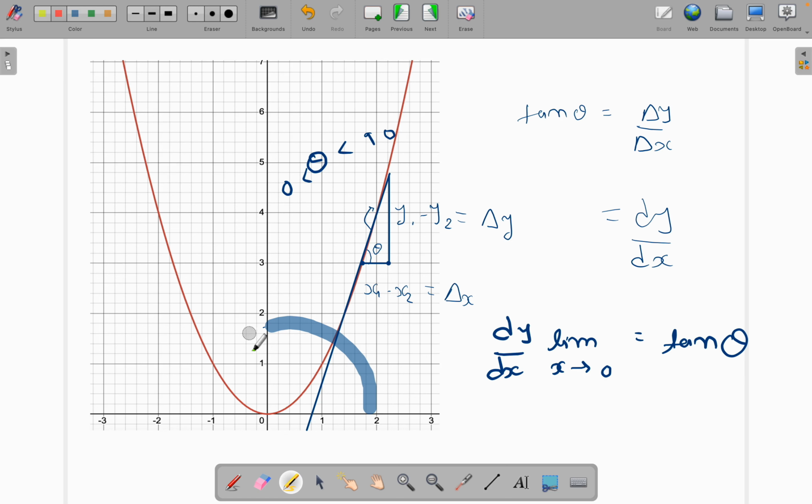And this part will have theta greater than 90. This angle, if you draw a tangent at any point, let's say this point, you will find this kind of tangent, which is making more than 90 degrees with our x-axis, right?